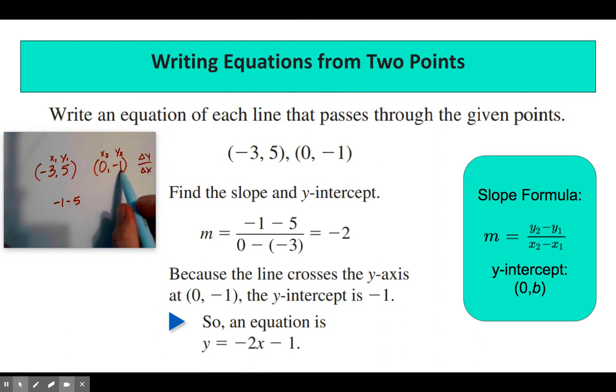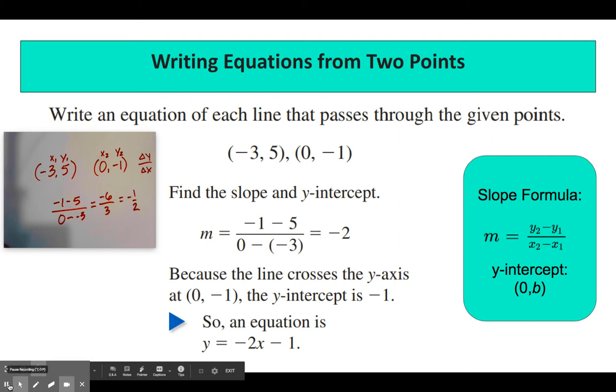So if we take our y2 minus y1, and then our x2 minus x1, which is a negative 3, we're going to solve that and say negative 1 minus 5 is negative 6. 0 minus a negative 3 gives us a positive 3, which reduces down to a negative 1/2 slope there. Nope, I flipped that. That's going to be a negative 2 over 1, which is just a negative 2 slope.